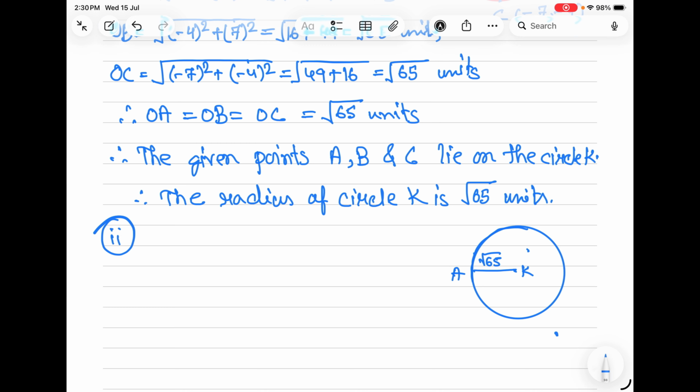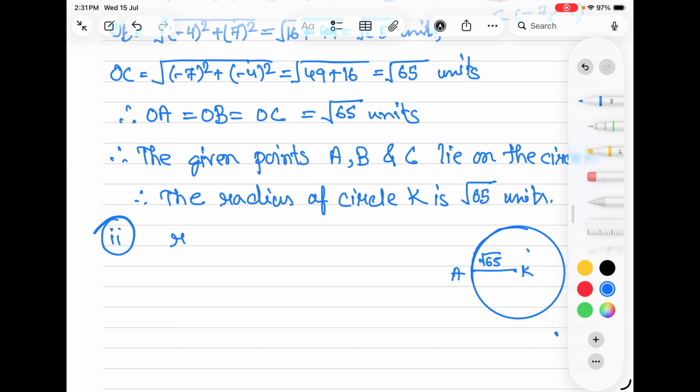But if they are lying outside the circle, then the distance will be greater than square root of 65, greater than the measurement of the radius. If it is within the circle, then its measurement will be less than the radius. So how do you check?